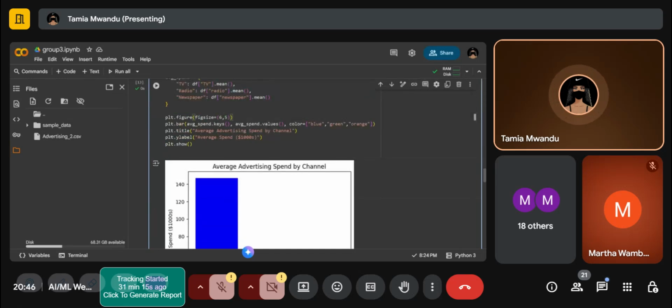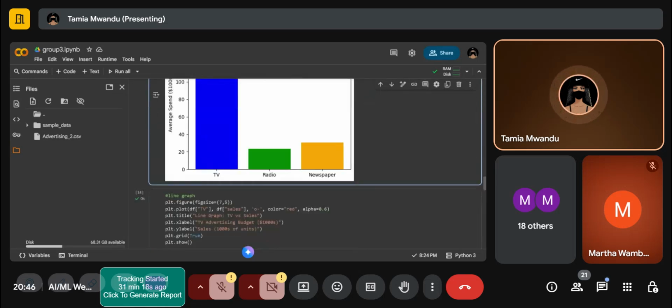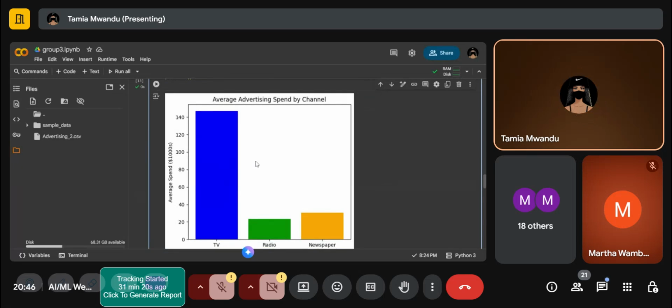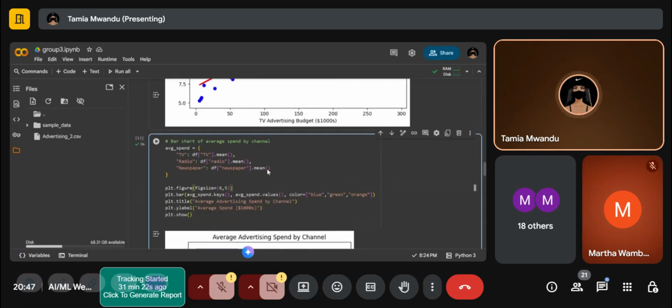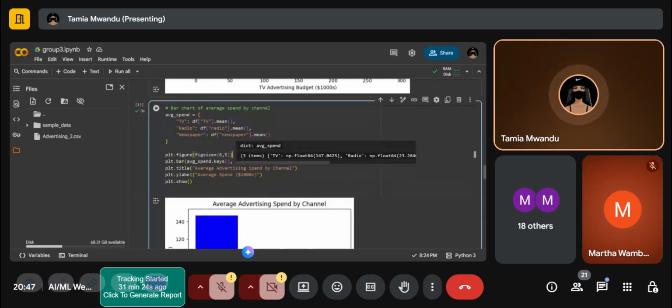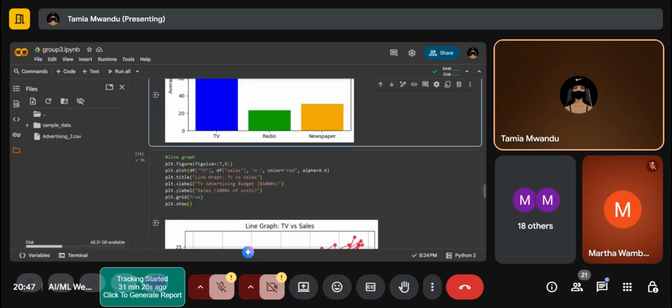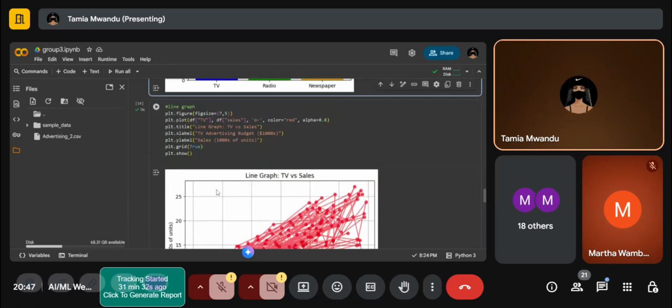Then we created a bar chart over here, which outlines the average spend of each channel. We also plotted a line graph over here. The line graph presents the differences of units of sales between TV and the sales.